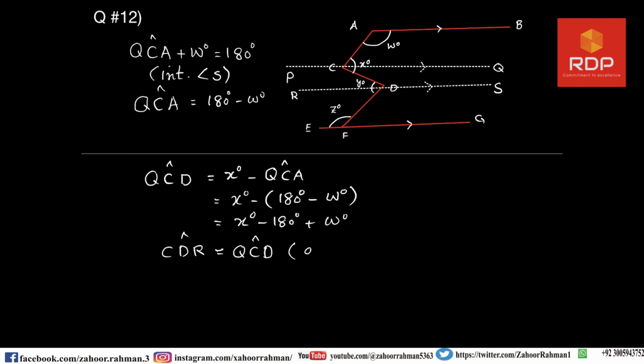and I am writing it as the alternate angles theorem, because we are saying that QCD is this angle, and because PQ and RS are parallel lines, this will be equal to this angle as well. So we wrote that as well, and we found QCD here.